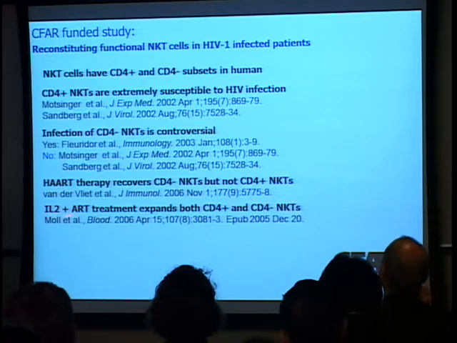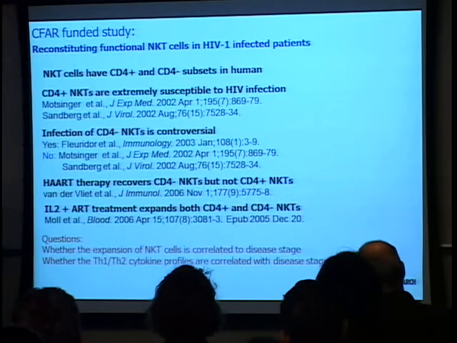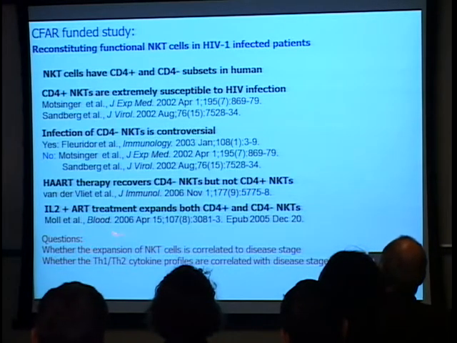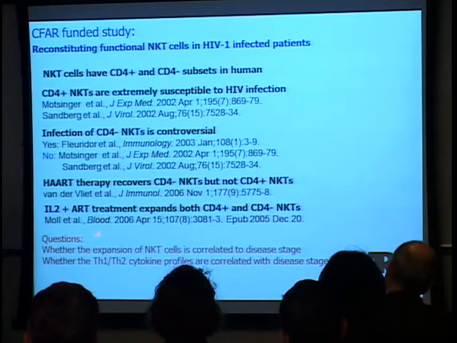The IL-2 plus the HAART therapy can expand the NKT cells. So our study was focused to answer the question whether the expansion of these NKTs is correlated to disease stage, and also whether the Th1, Th2 cytokine profiles are correlated with the disease stage.